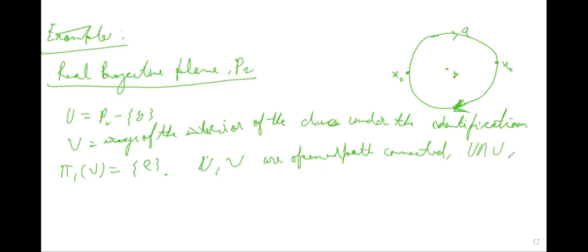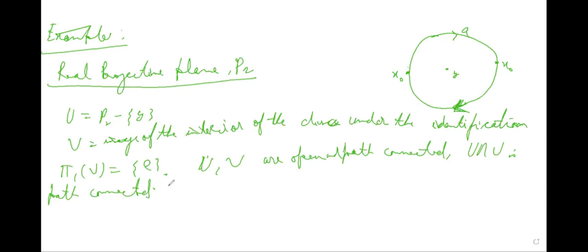U intersection V is path connected. So we can use the Van Kampen theorem.